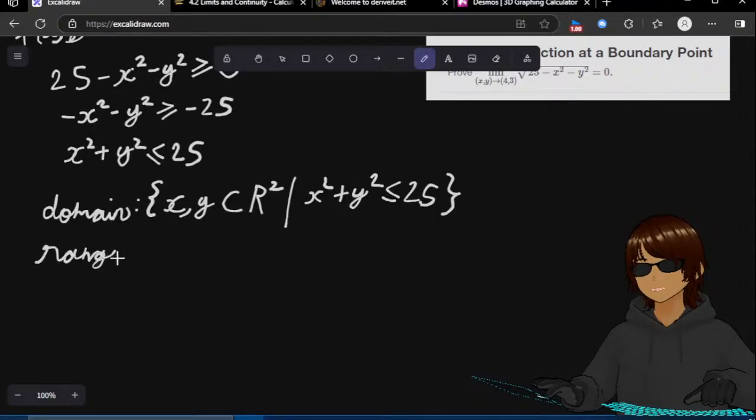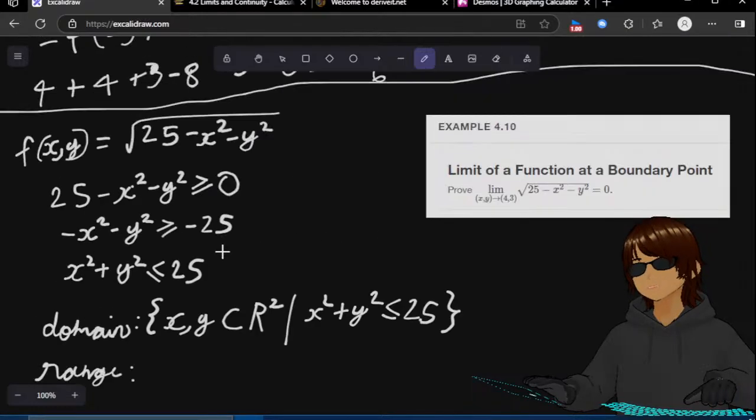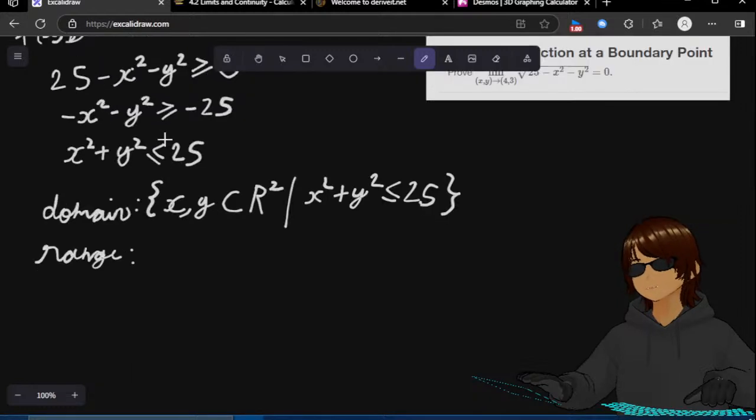And then the range is some value. The root of 25 is plus or minus 5, right?